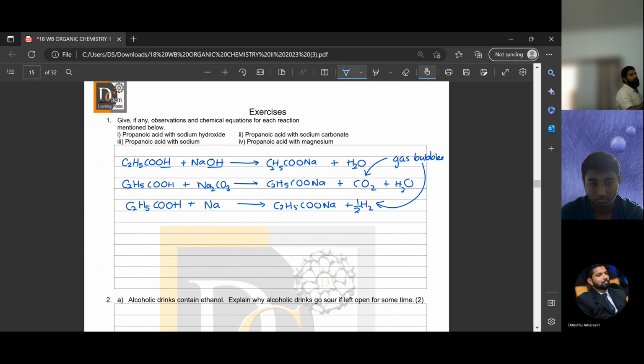Then propanoic acid with magnesium. What do you get? C2H5COO magnesium, and hydrogen gas. And you put 2 over there.